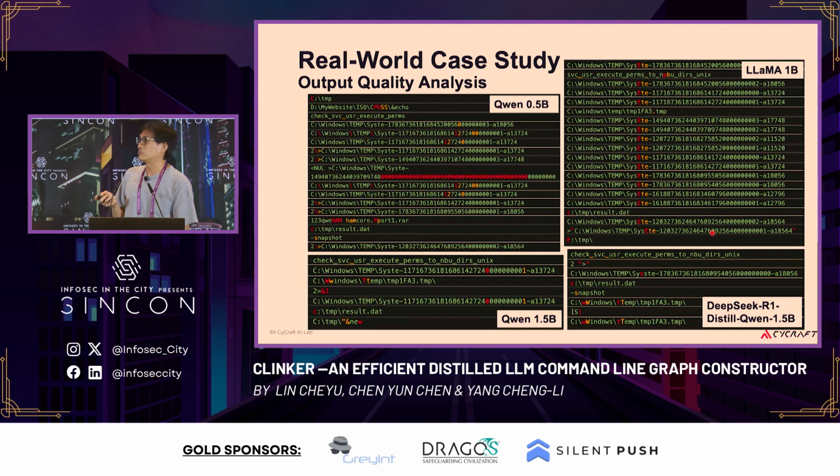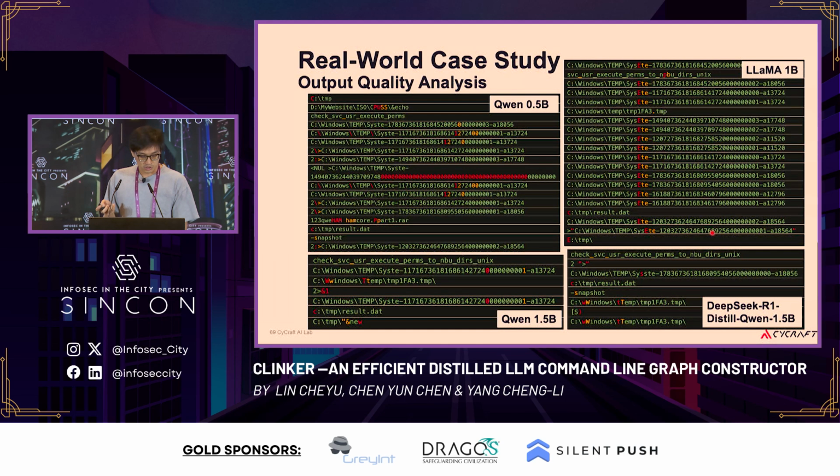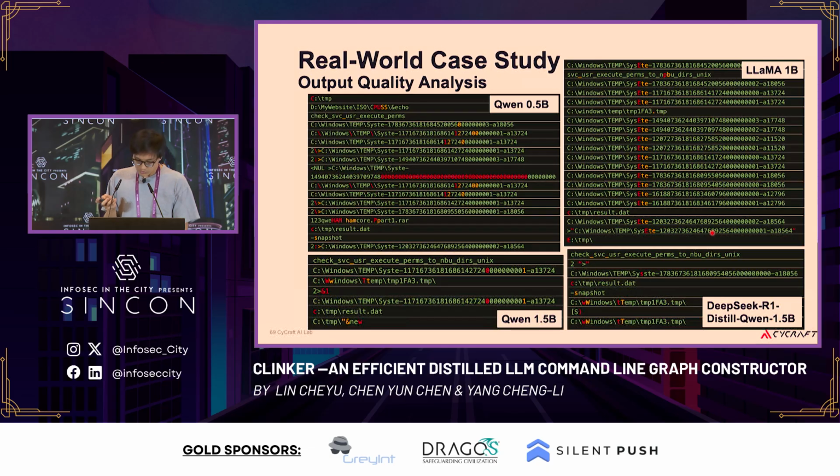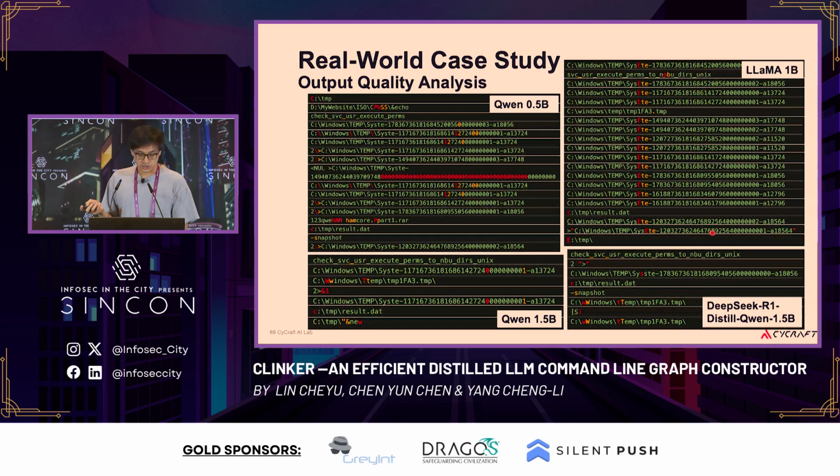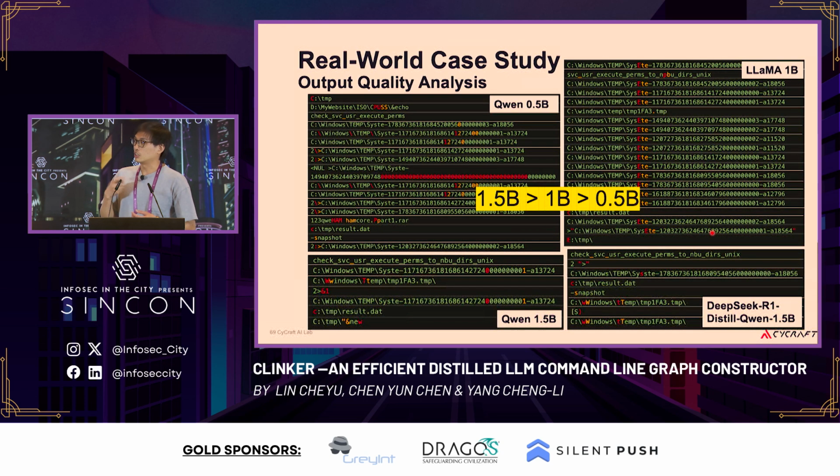And as for the 1.5 billion model, whether it's a reasoning model or a non-reasoning model, both seem to work quite well, with few typos compared to the smaller ones. So for quality, we recommend using a larger model compared to a smaller one.